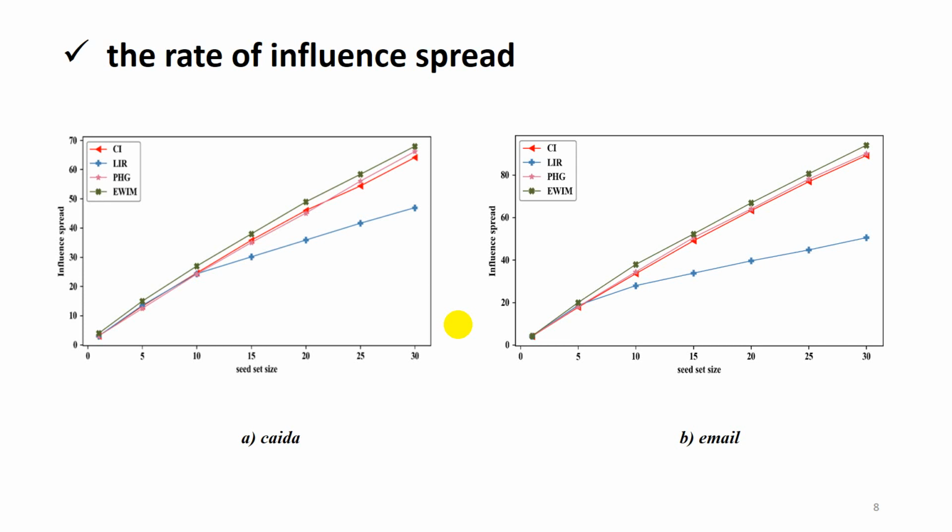Figure B depicts the email dataset. As shown by this figure, the algorithms with fewer nodes have provided almost similar results. LIR is much lower than the CI, PHG, and EWIM when there are more than 5 nodes.